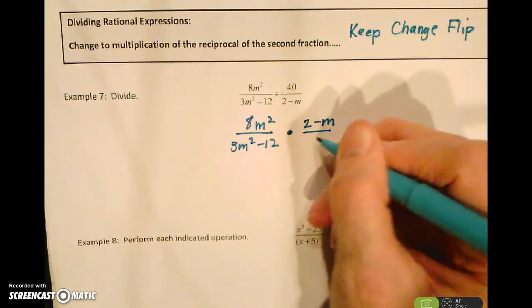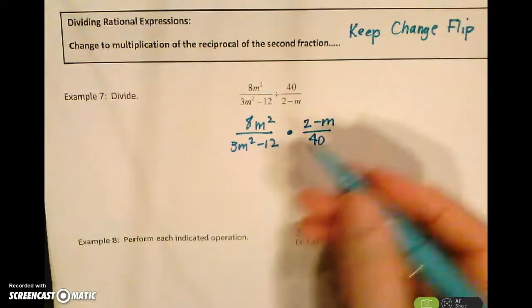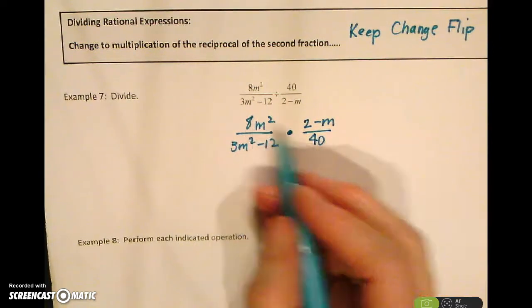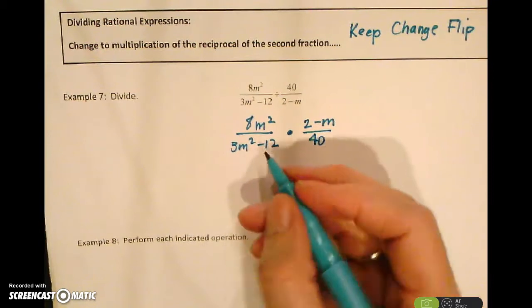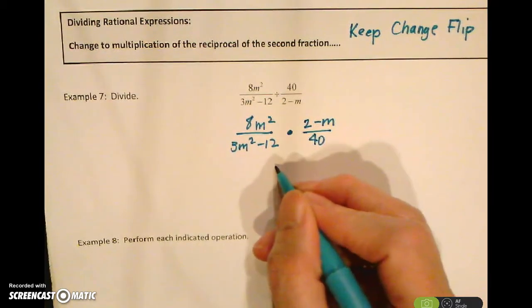minus m over 40. Just as in multiplication, I'm going to factor, and it looks like I only need to factor the denominator, and I'm going to multiply.